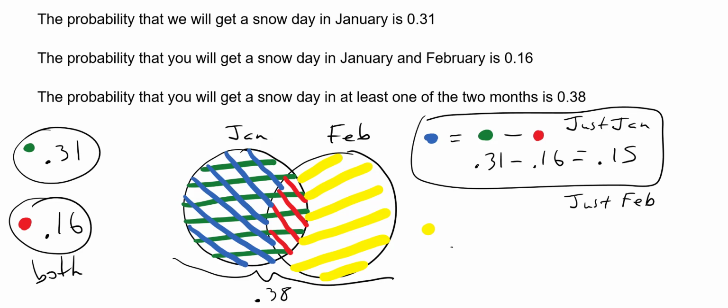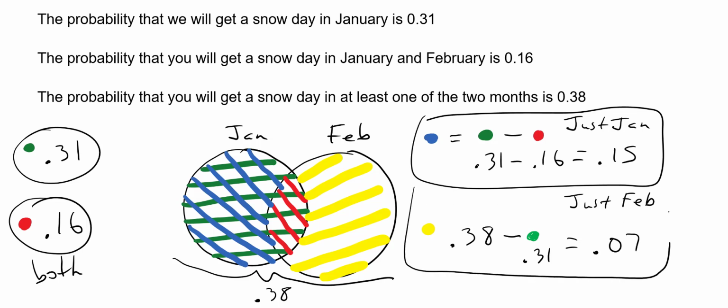So we'll write out 0.38 minus, right? That's the whole thing, minus what? The green, right? If I take away the green, I just get the yellow. So that's minus 0.31, which gives you 0.07. Okay, so that is just February.